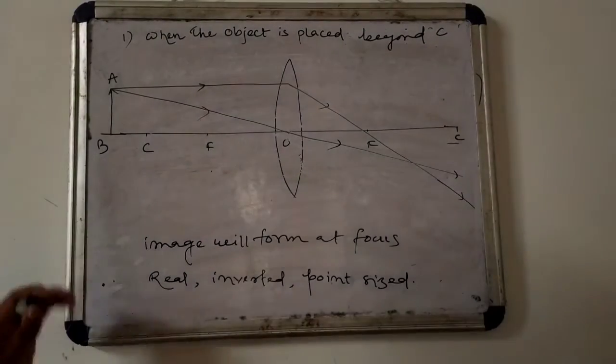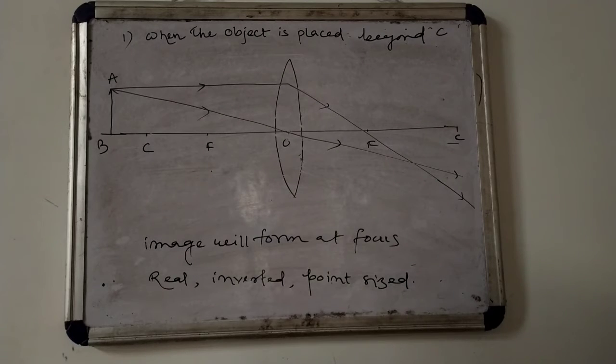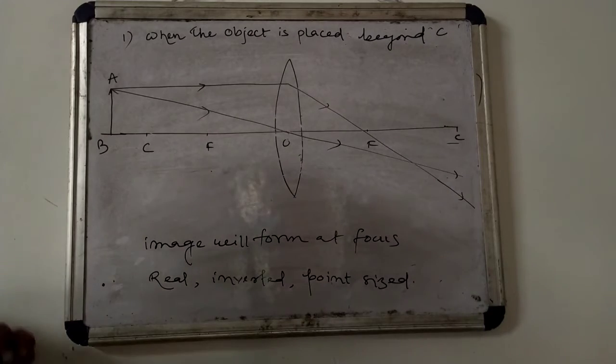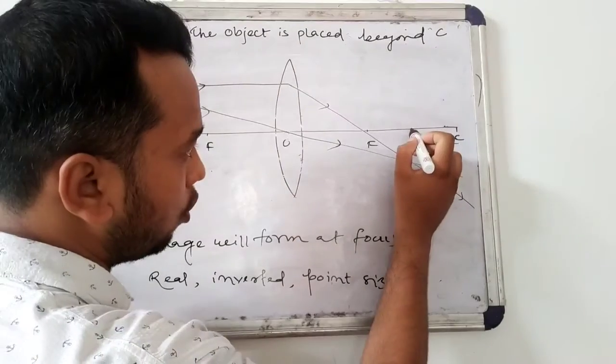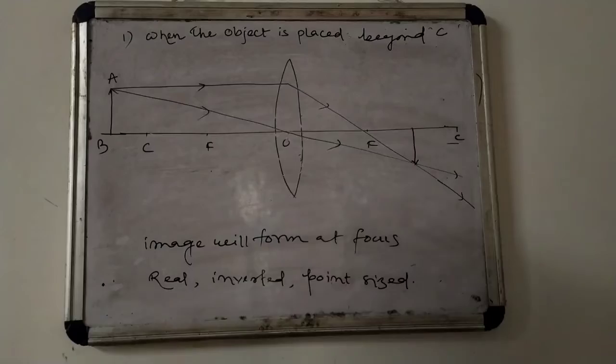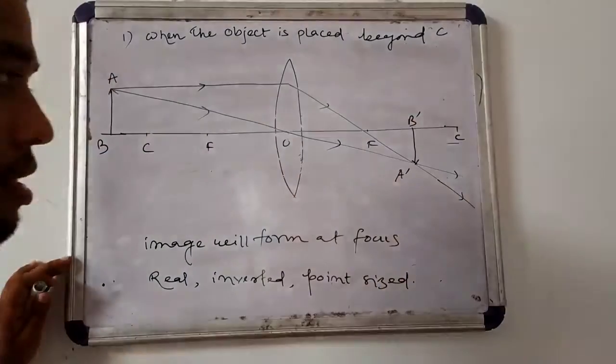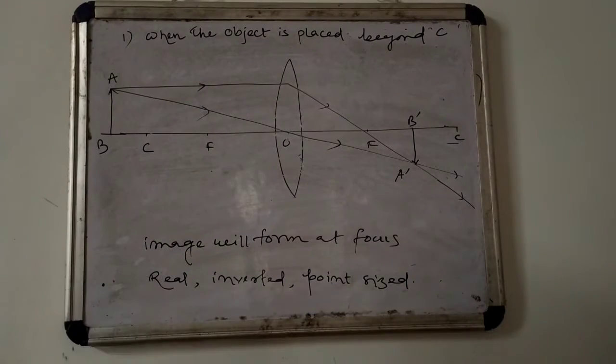That means it will not change direction if it passes through the optical center. These two refracted rays meet at a point which is in between focus and center of curvature. So the image will form in between focus and center of curvature.